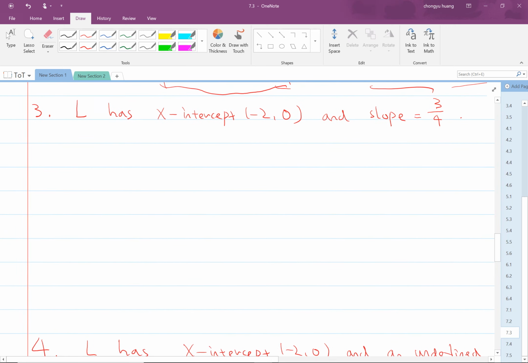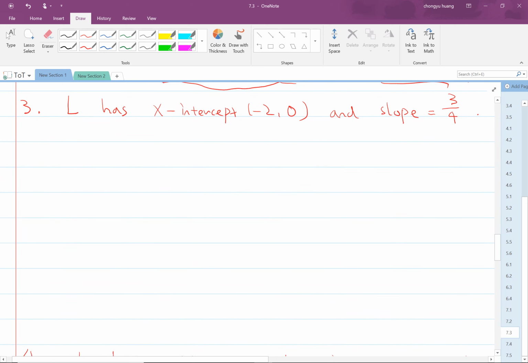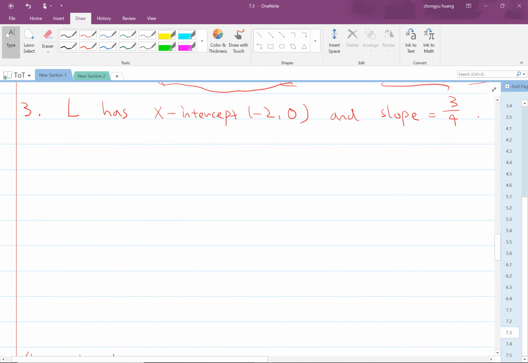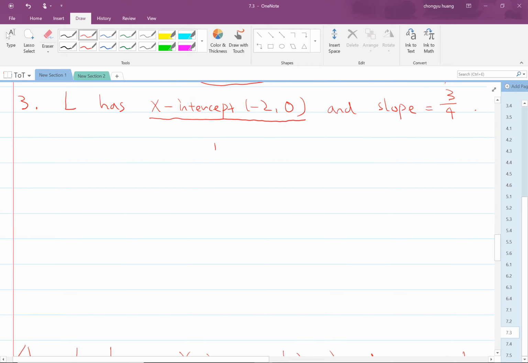Question 3, let me zoom in a little bit. Question 3 first says we have the x-intercept. The x-intercept is actually a point, right? And we have a slope.